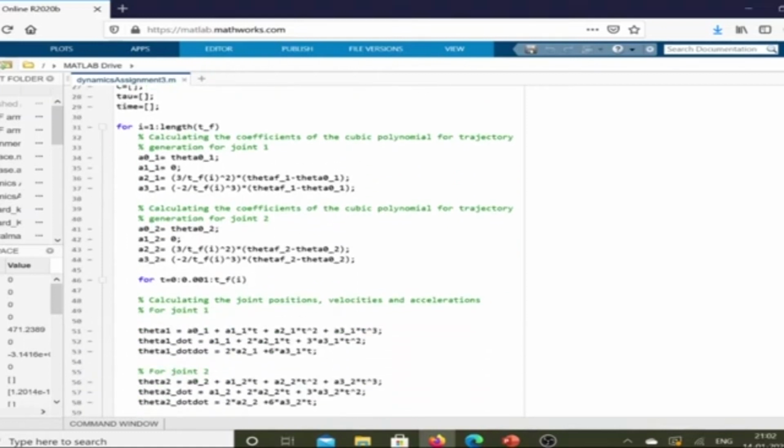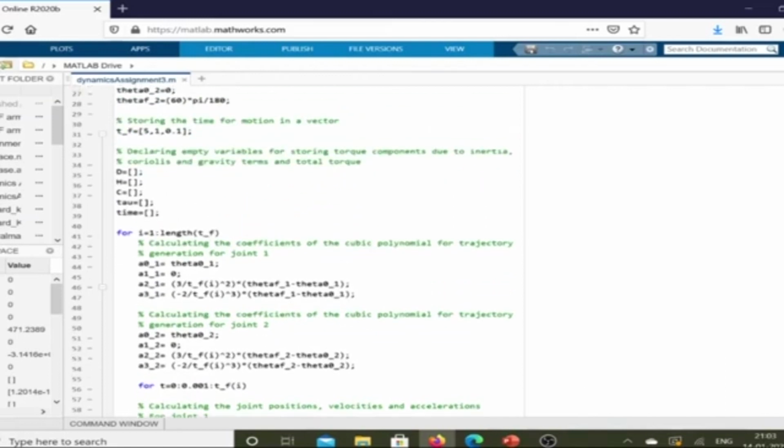Then we are using a for loop here for calculating the coefficients of the cubic polynomial. The coefficients of the cubic polynomial are A0, A1, A2, and A3. Now this we have done in the last class, and we solved how you get the actual values. Putting the constraints, theta initial to theta final and velocity at initial time and final time equal to 0, we get these 4 equations.